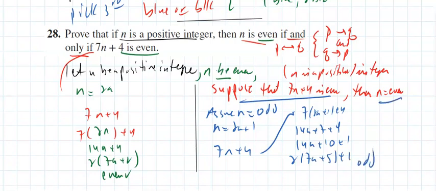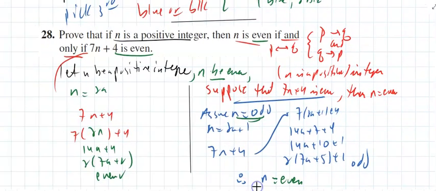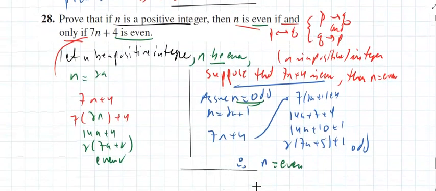That's a contradiction to what I have. Therefore, n must be even. And that completes the contrapositive. And that concludes this section.